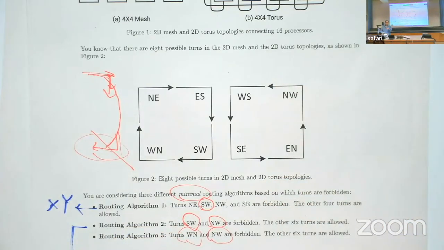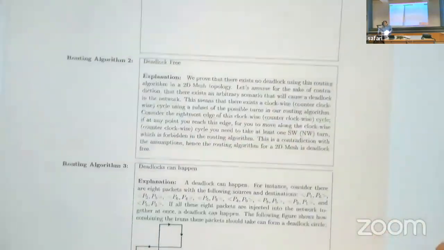Here, for counterclockwise, we can also consider the rightmost edge in that circle. Okay, and that's all.